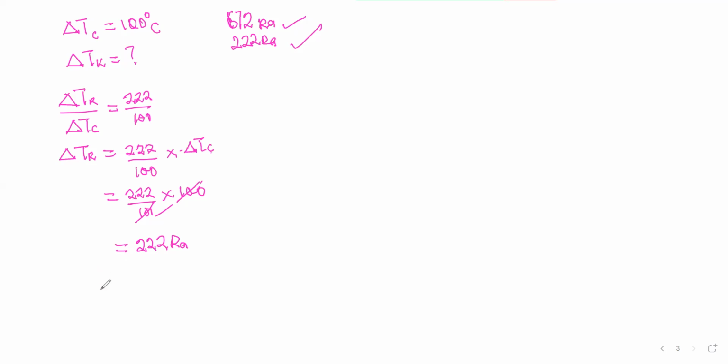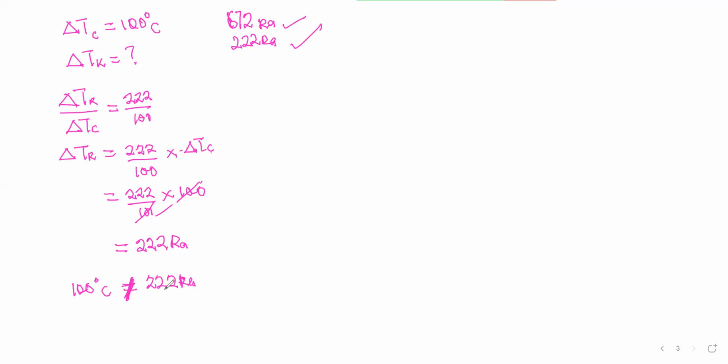Now, that does not mean that 100 degrees Celsius is equal to 222 Rankine. I hope you know this. That does not mean that 100 degrees Celsius is equal to 222 Rankine. But it happens in terms of change in temperature, not conversion.